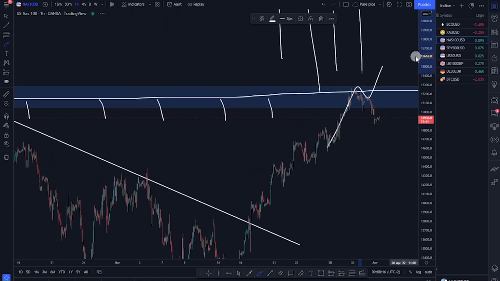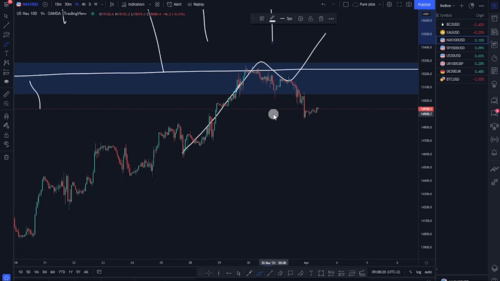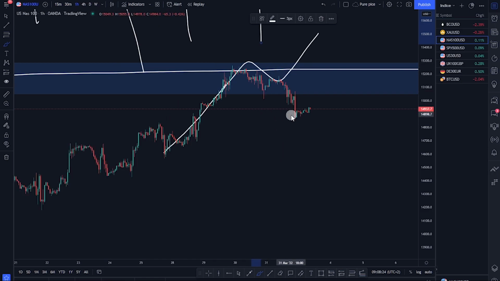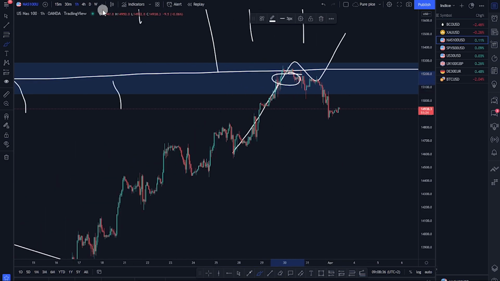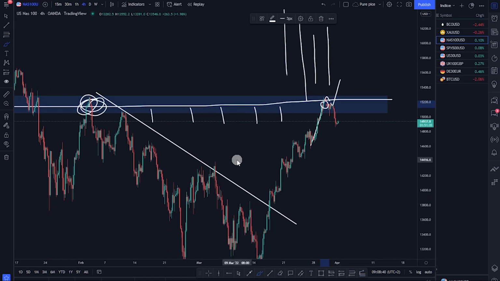However, the sellers are fighting that, because that's how psychology is all about. It's all about strength. So now the sellers are refusing, because this is where they sold before, or this is where price began to go down. So now we're expecting prices to again go down, because this is a very important resistance level.